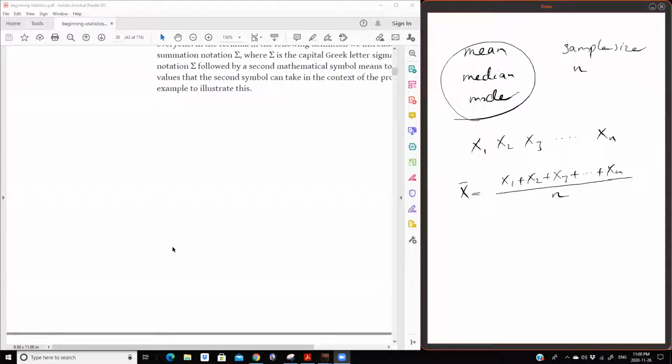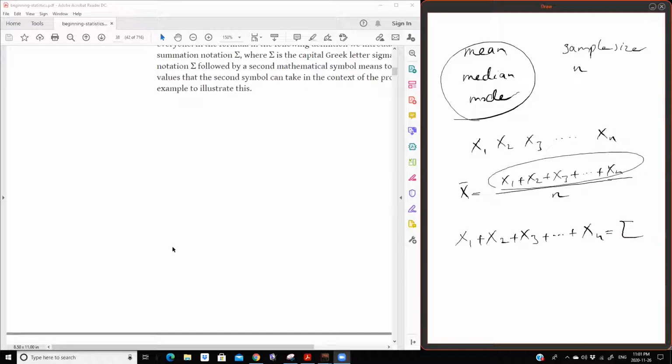We use a short notation for adding up all these numbers, which is called the sigma notation. Rather than writing x1 plus x2 plus x3 all the way to xn, we use a symbol like this.